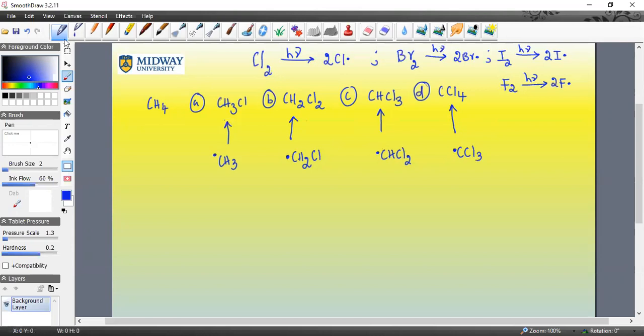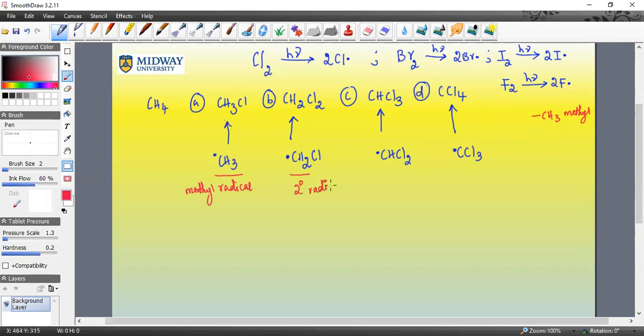Now, what I'm going to do is underline a few things. Anytime a carbon has 3 hydrogens, we know that it's methyl, and that hasn't changed. Just because it has a radical doesn't mean it's not methyl. So this is a methyl radical. For the next one, I don't think there is a name for it, so I'm just going to call it secondary radical.